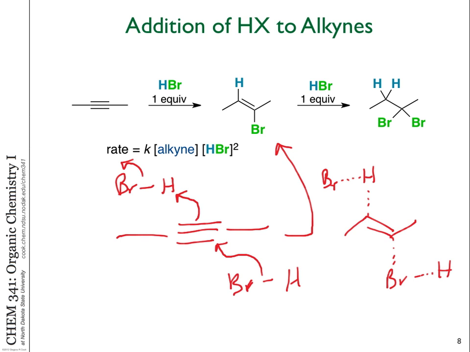So this bond is being formed, this bond is being formed, so we can avoid generating a free carbocation on a double bond. At the same time, this bond is being broken and this bond is being broken. Okay, so it's a little more complicated. I'm not going to worry too much if you know that specifically for alkynes.